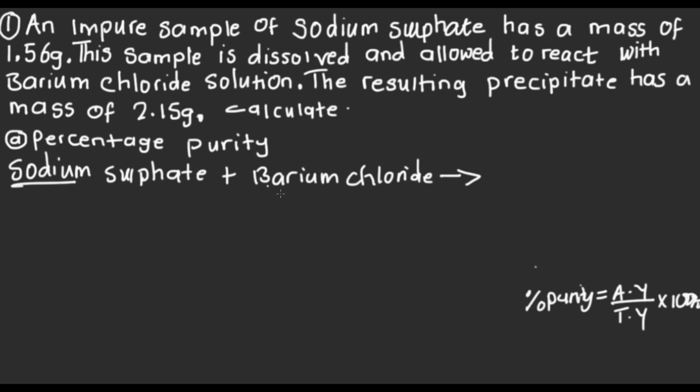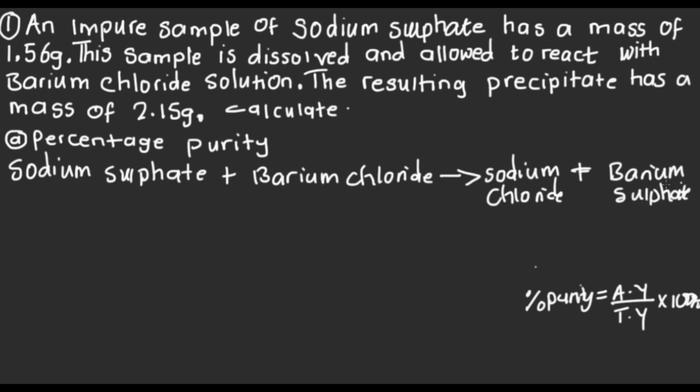So sodium is more reactive than barium, so sodium will displace barium, giving us sodium chloride. Then the barium will react with sulfate, giving us barium sulfate. So if you look at the list of insoluble salts, barium sulfate is an insoluble salt. As a result, it's a precipitate that we are looking at here.